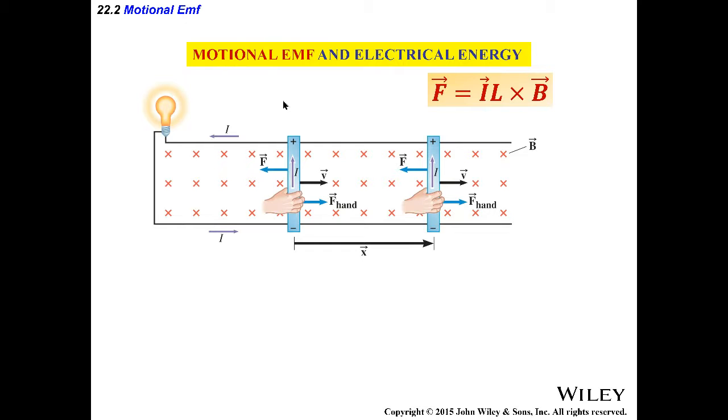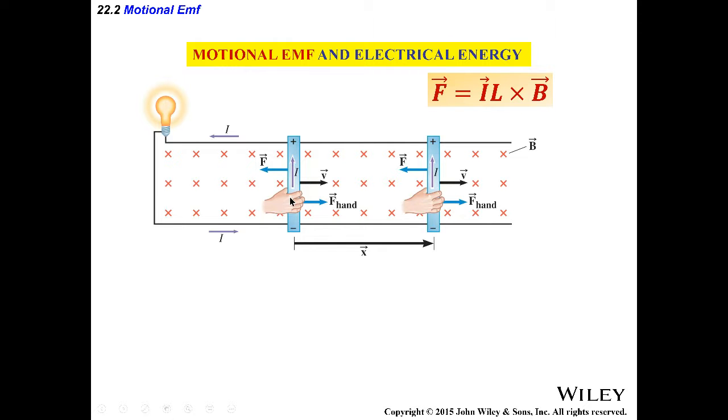I got to bend it into the board. But when I'm able to bend it, my thumb is now pointing to the left. So that is now the force on this wire here, that carries a current I and of length L, and that force is to the left. You got it now? Have you tried it out at home?